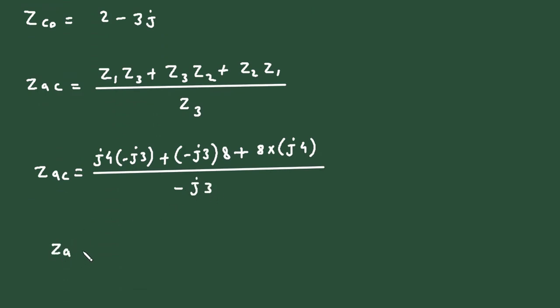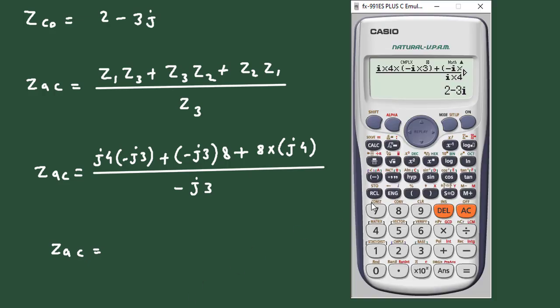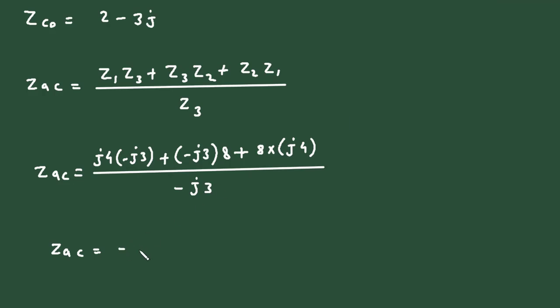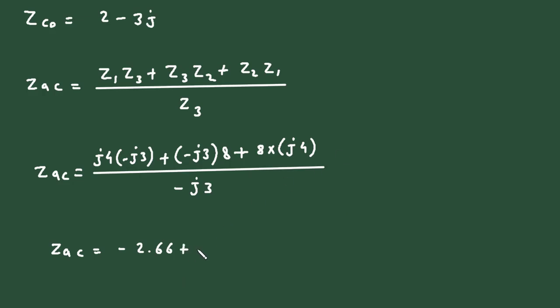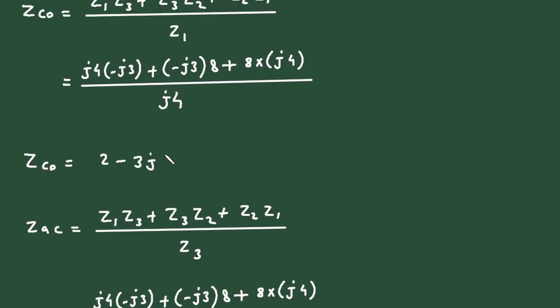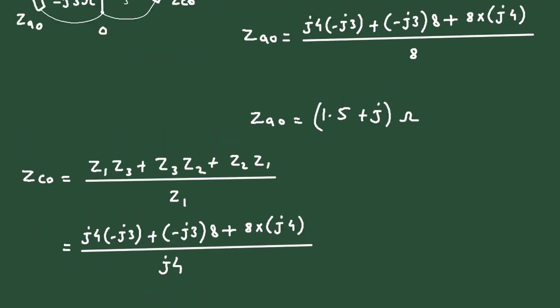So therefore ZAC is equal to, just we have to replace the denominator part to minus I into 3. So it is minus 2.66 plus 4j ohm. Also this is ohm since it is impedance.